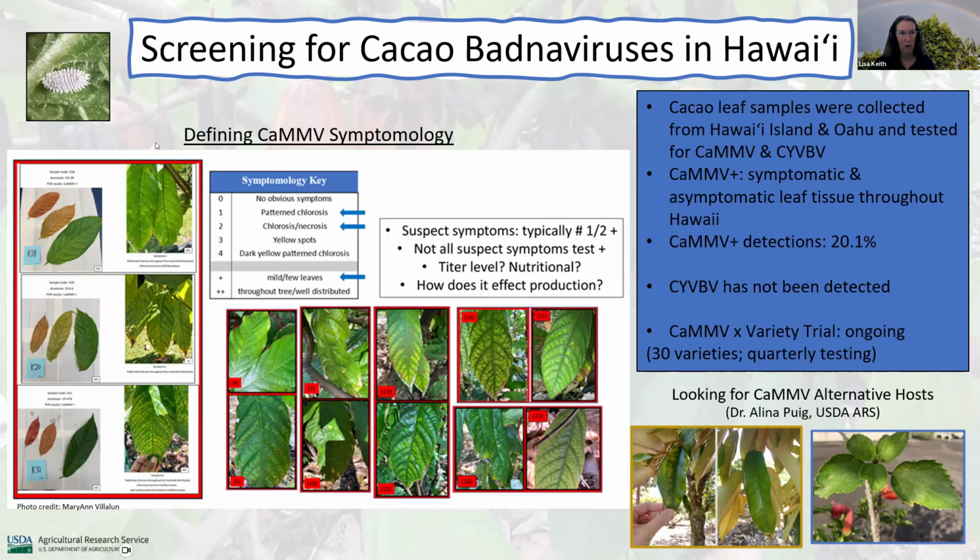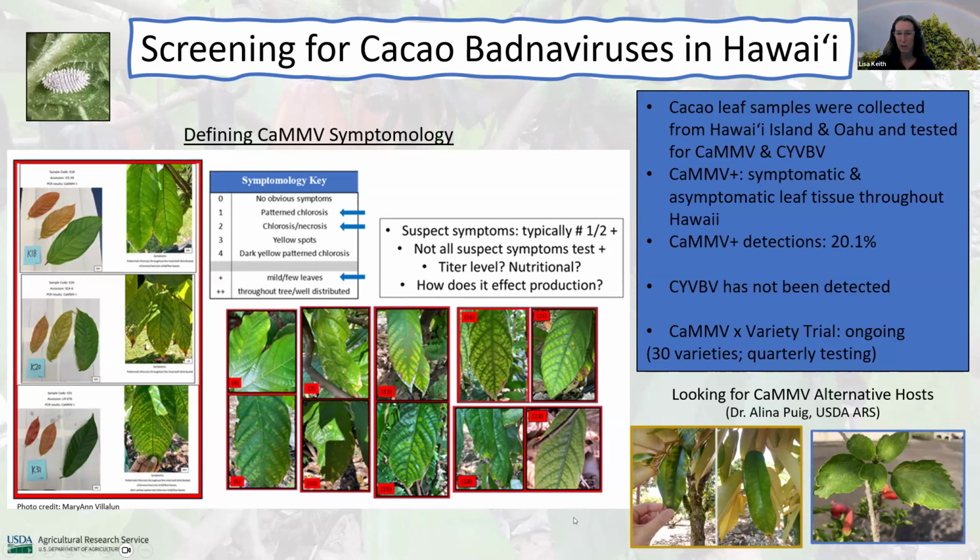These viruses are vectored by mealybugs. And part of the study also was for the first time determining that plants in the Malvaceae, the malvaceous hosts, could actually serve as an alternative host.